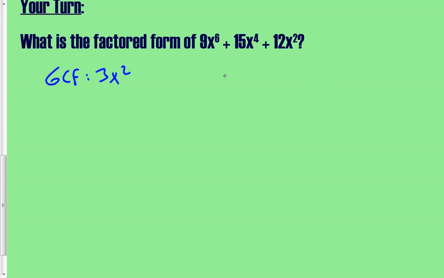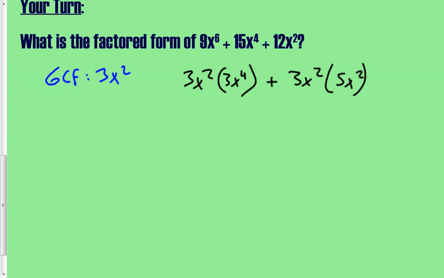So if you rewrite this, this would be 3x squared times what's left, which would be 3x to the fourth power, because that would make 9x to the sixth power, plus 3x squared, and we'd have 5x squared left in there. And then we have plus 3x squared times 4.